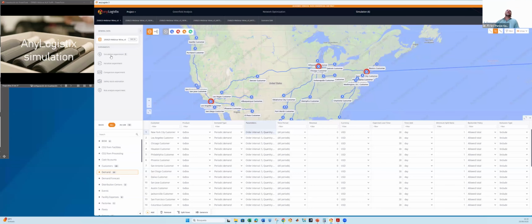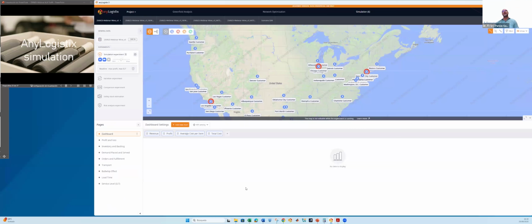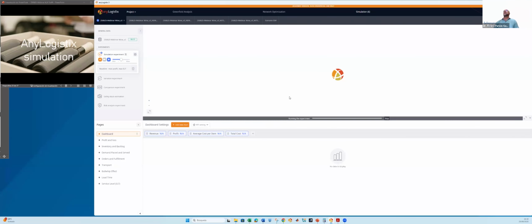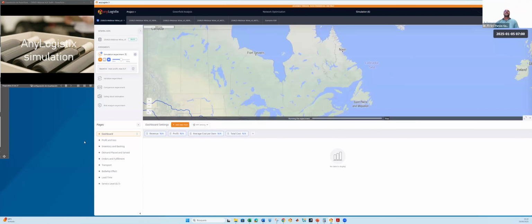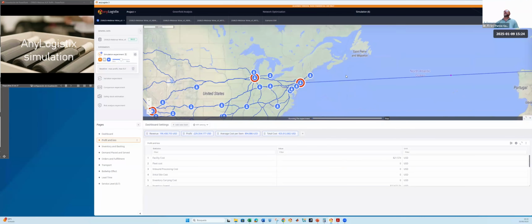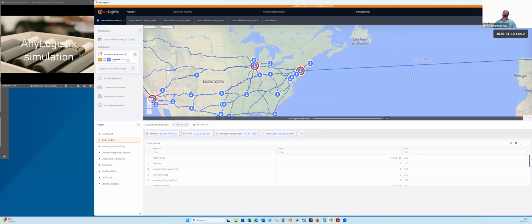So let's go for it, and we make the simulation. We have created our dashboards here. If we play the simulation, we can see how the goods are going to move for the international. Sorry, here you can see the ships crossing the oceans and the distribution centers serving all the cities that we have predefined.